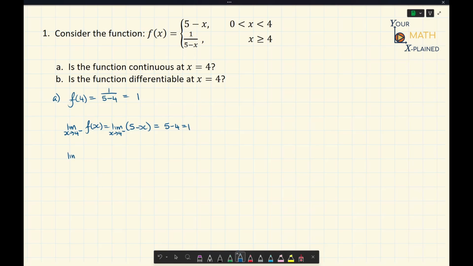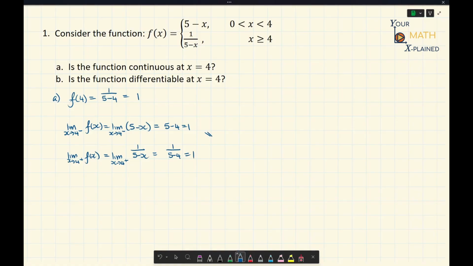And now the limit as we approach 4 from the right-hand side of our function, we're going to be using the bottom piece. So that is going to be equal to the limit as x approaches 4 from the positive side of 1 over 5 minus x. So this is going to be 1 over 5 minus 4, which is equal to 1.